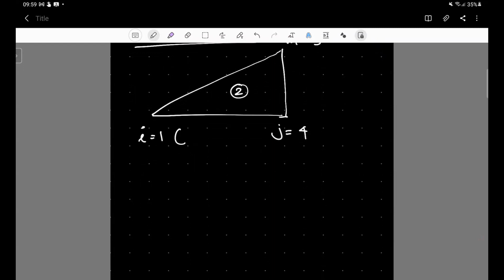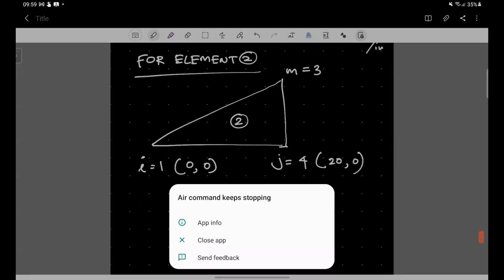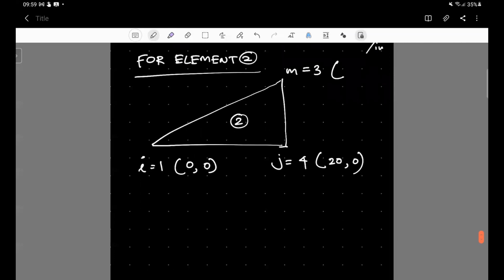If we assign the Cartesian coordinates, xi refers to 0, 0, xj refers to 20 and 0, and xm refers to 20 and 10.